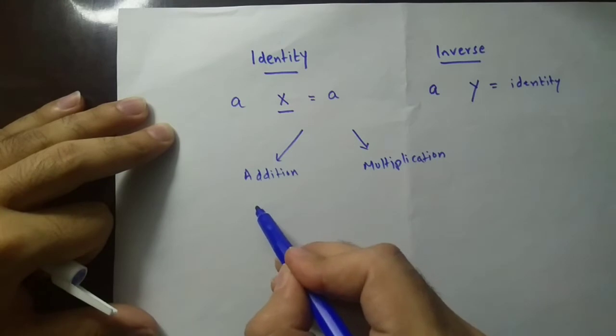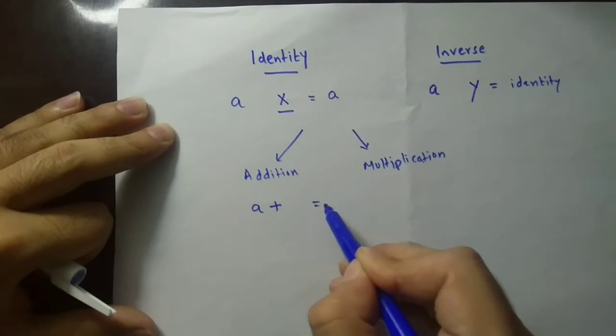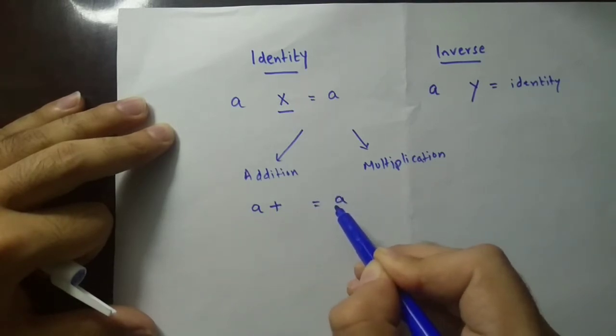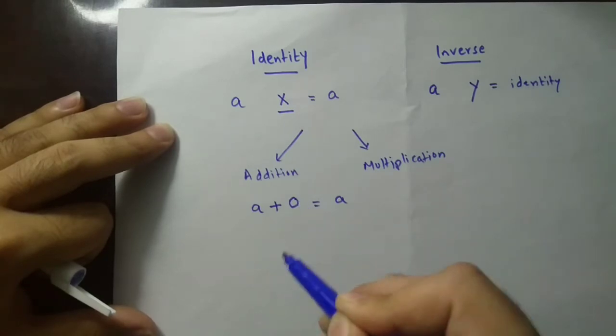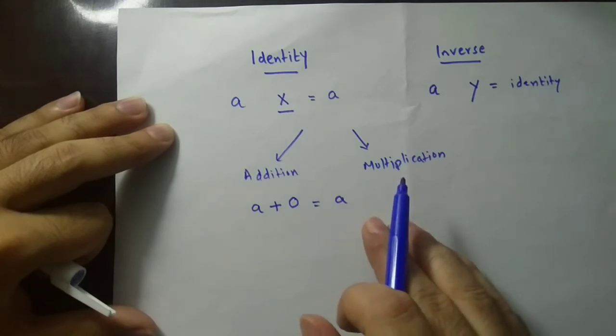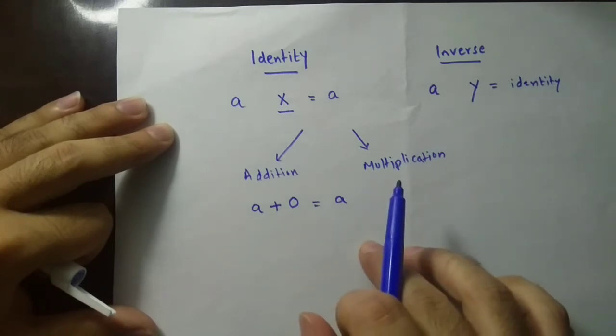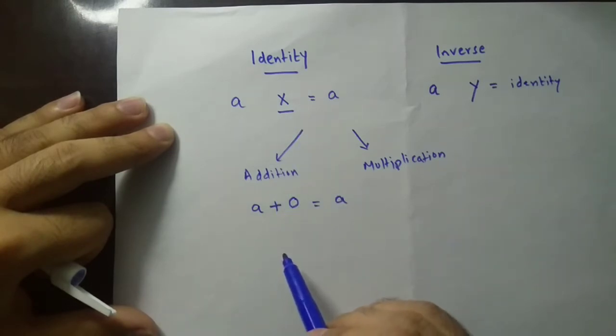Say I have a number a. So what is that specific number which when added to a leaves a? Means that it has no effect on a. That number is 0. 0 when added to any other number will have no effect on that number. So this 0 is called the additive identity.